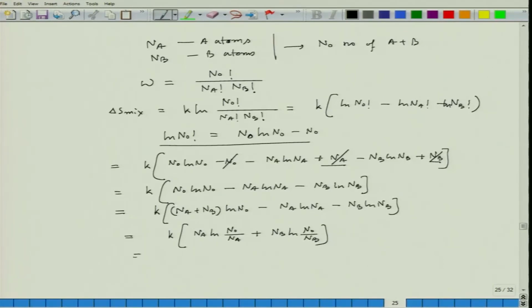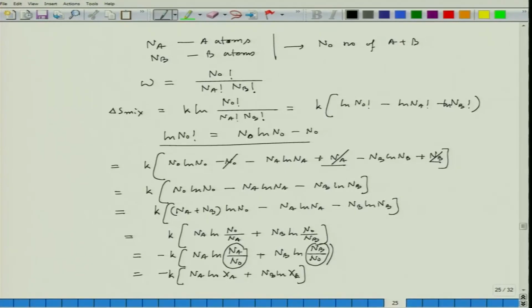I can take the minus out and then write, as we know that Na, this quantity is nothing but x A and this quantity is nothing but x B, and then further I can take N0 and form Na N0 ln x A plus this is also x B, this is x P, this is x A.